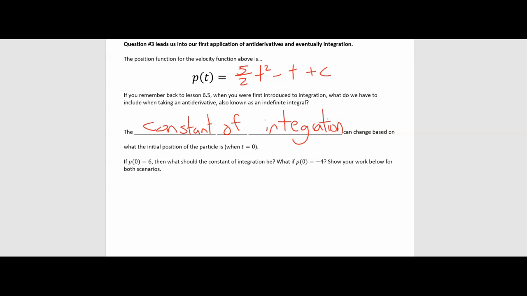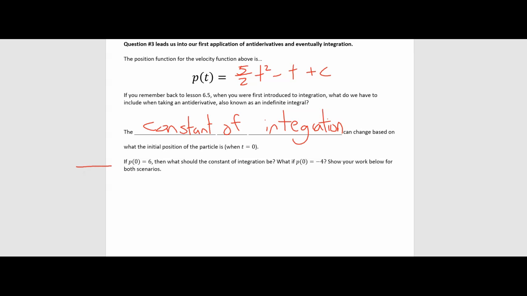And again, that could be a number of different values. That's going to depend on where the particle started. So when the velocity is 0, well, that would be what our c value is. The position of the particle when the velocity is 0, that would be our c value here. So let's think about that.